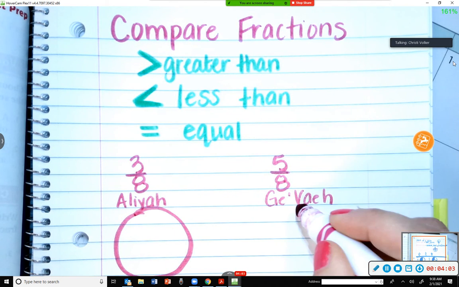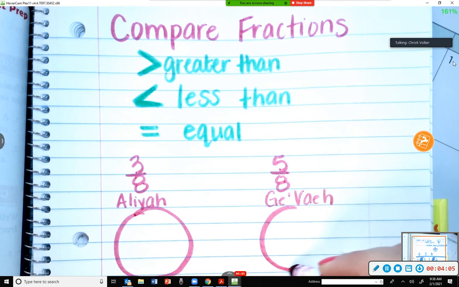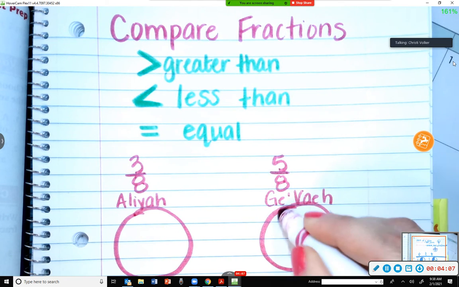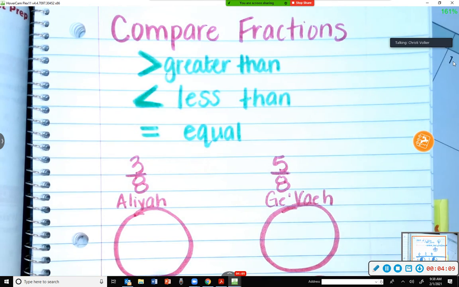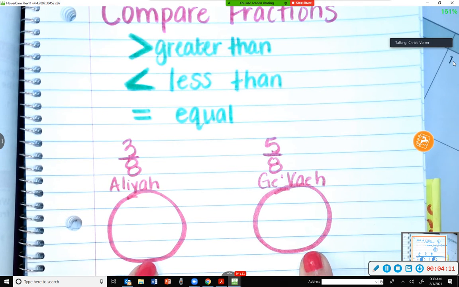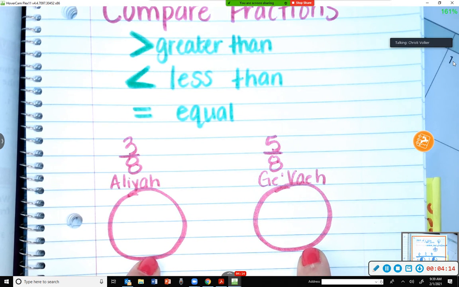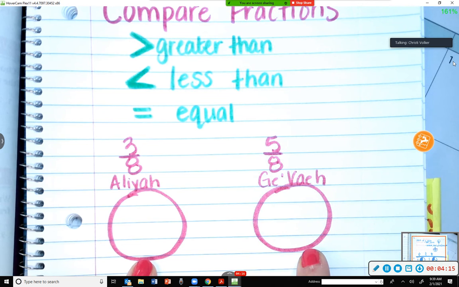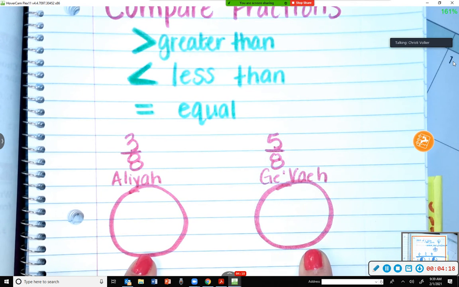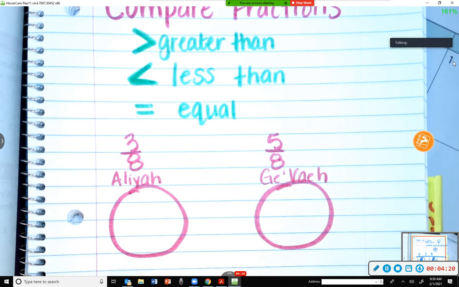Now it's important that our wholes are equal, so if you can, try your best to make your two wholes, we'll just call these pizzas, look equal, okay? They want to try to be equal wholes. And we're going to split it into how many pieces, Allie? 8.